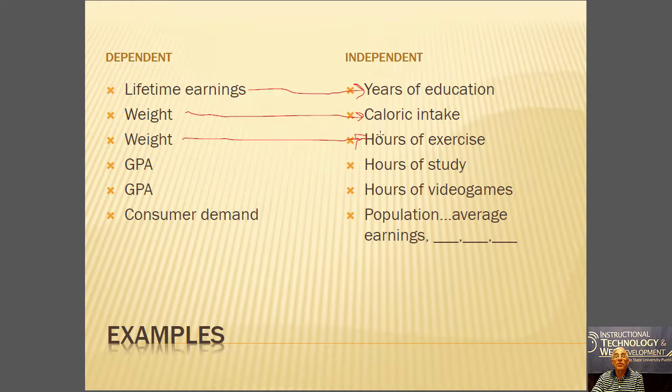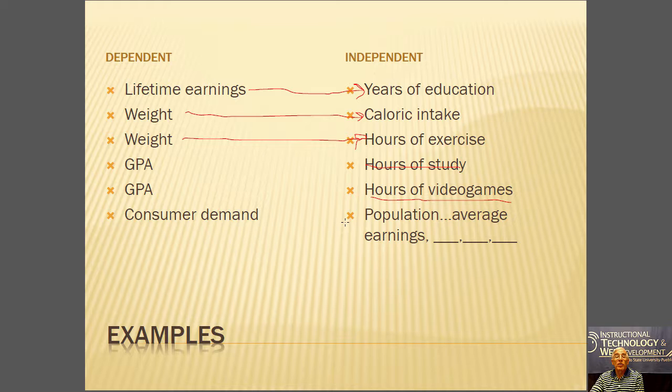We could put those both into a multiple regression analysis. Your GPA, that's the dependent variable. What impacts that, or what could be used to predict it? Your hours of study, your hours of video games, if you were my son. Again, you could do two simple regression analyses, or more likely use one multiple regression with two independent variables.